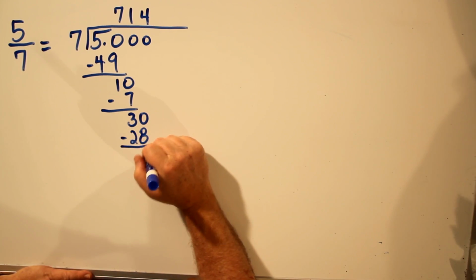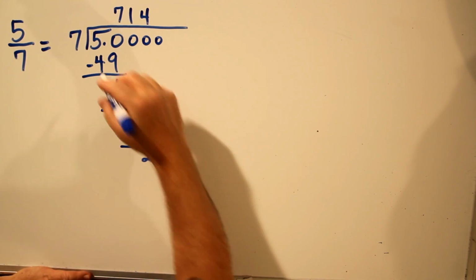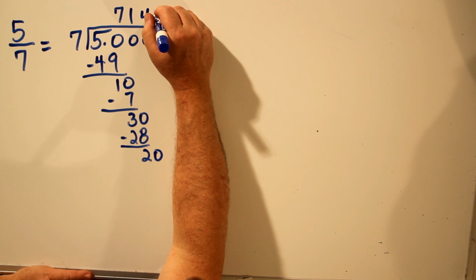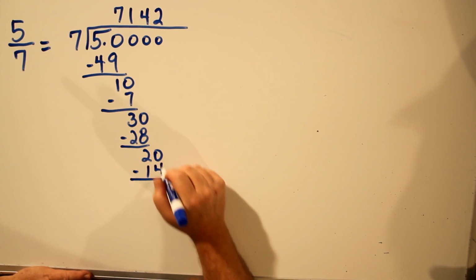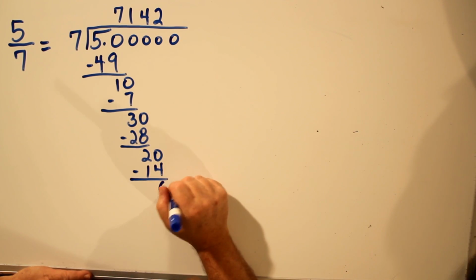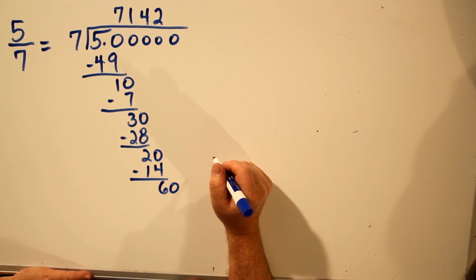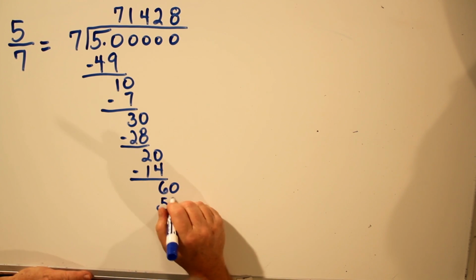Subtract, 2. Bring down another 0. 7 into 20, 2 times. 2 times 7, 14. Subtract, we get a 6. Bring down another 0. 7 into 60, 8 times. 8 times 7 is 56.